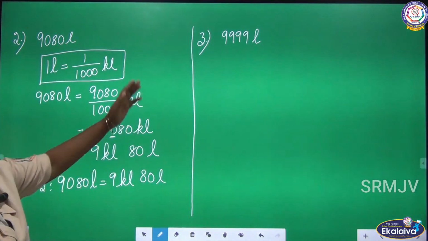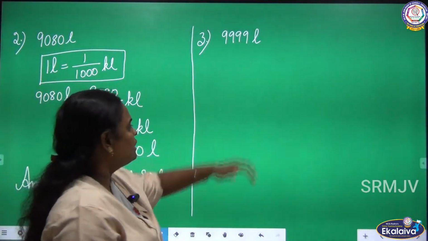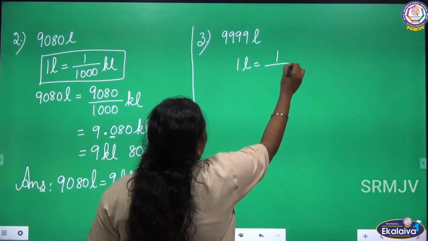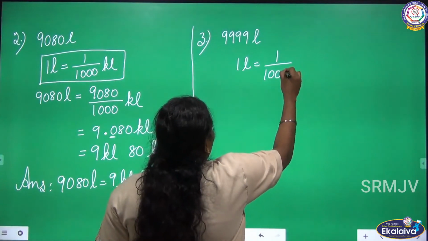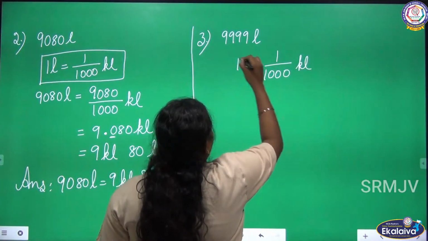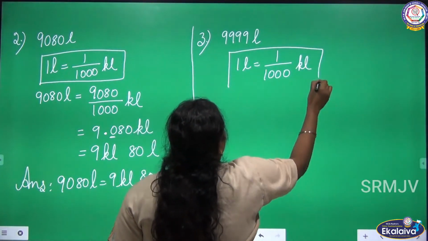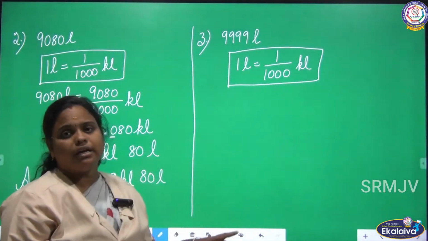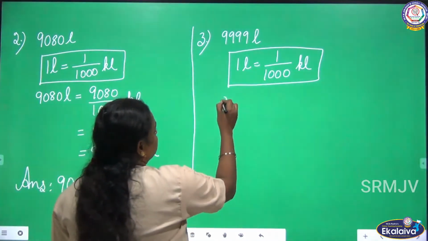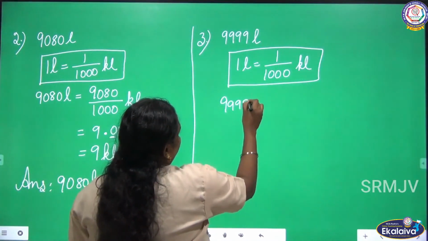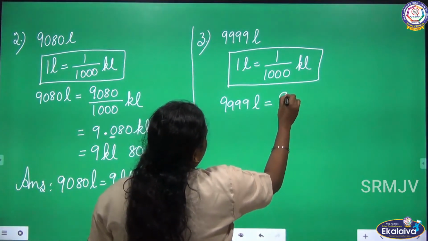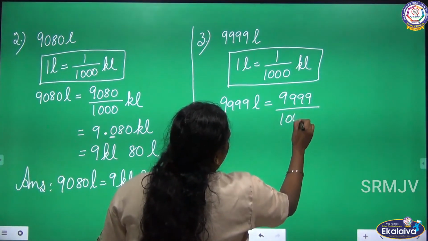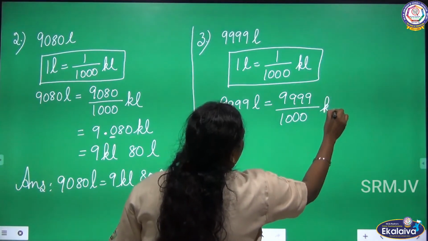Next one, 9999 liter. We are going to convert liter into kiloliter. So 1 liter equal to 1 by 1000 kiloliter. So 9999 liter equal to 9999 divided by 1000 kiloliter.